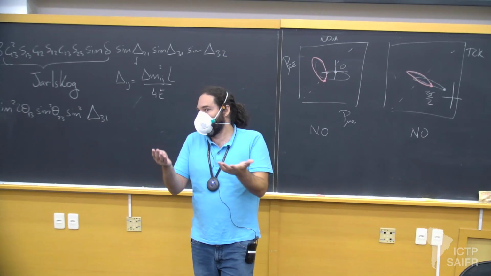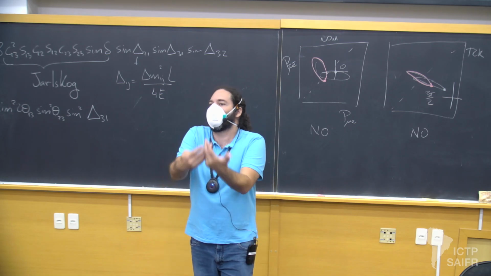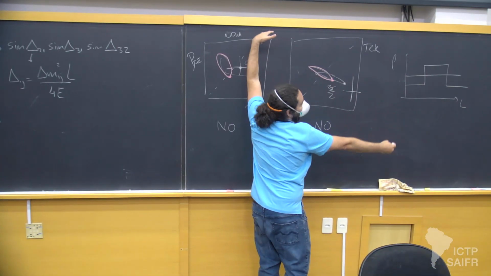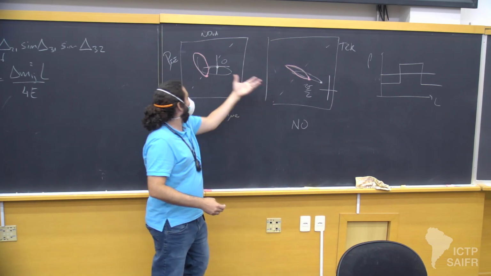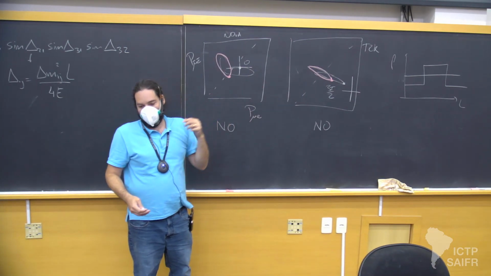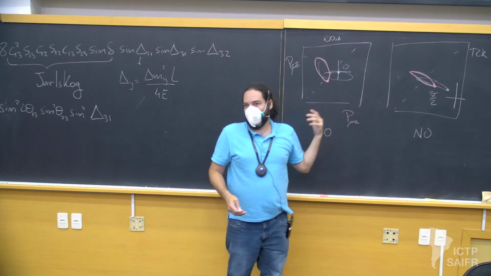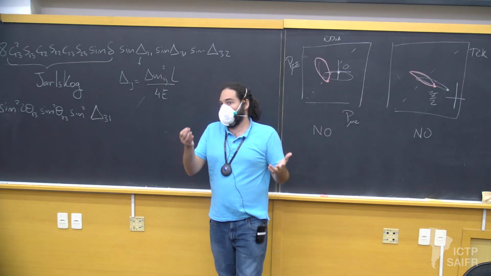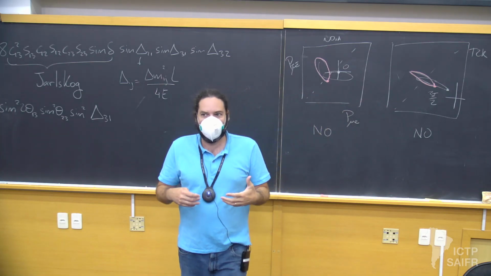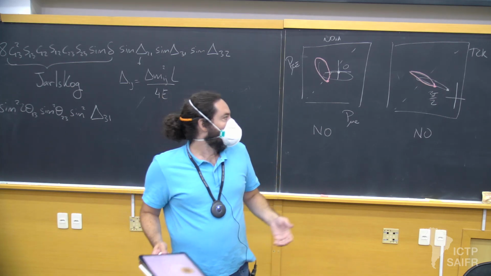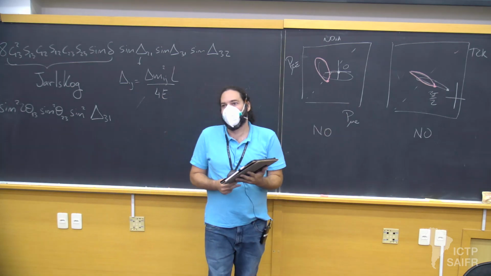Of course, if you had new physics, you could have an extra matter effect that would make these ellipses a little bit larger, such that you would have a consistent result between those. So in principle you could do that with new physics, but with standard physics, given what we understand about the experiment and the error bars, there is a little tension there.